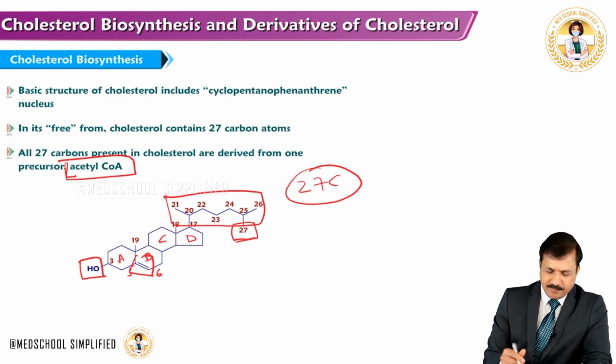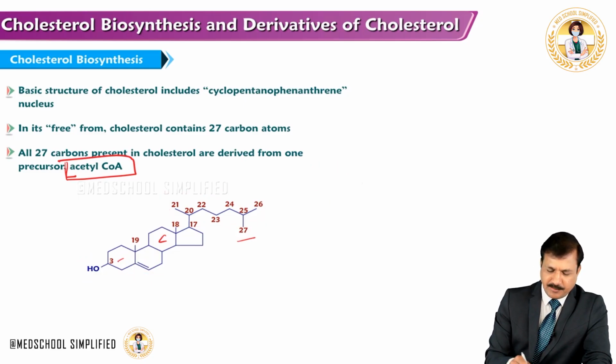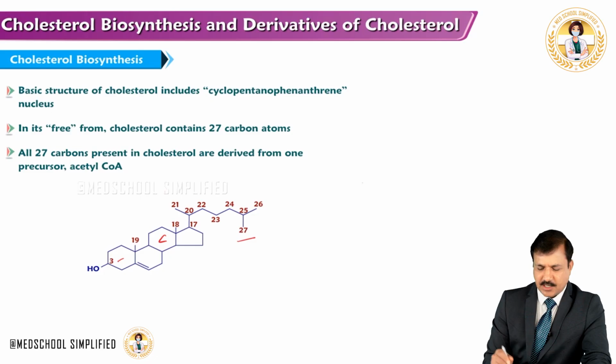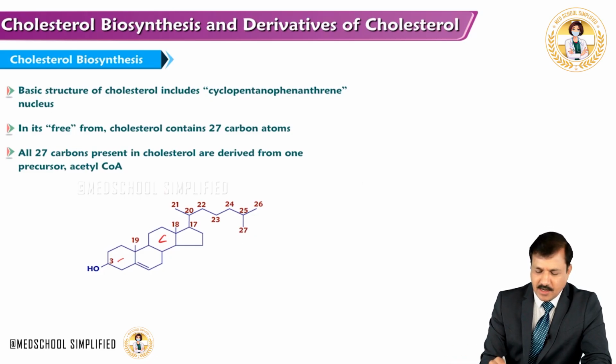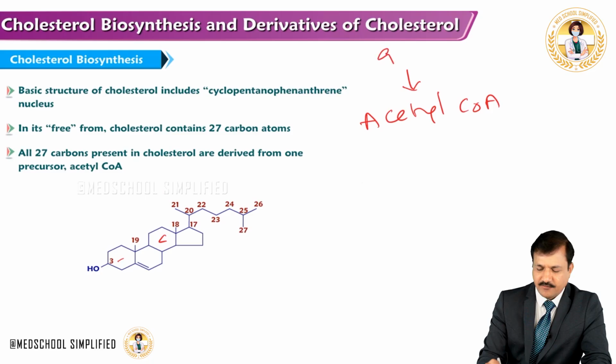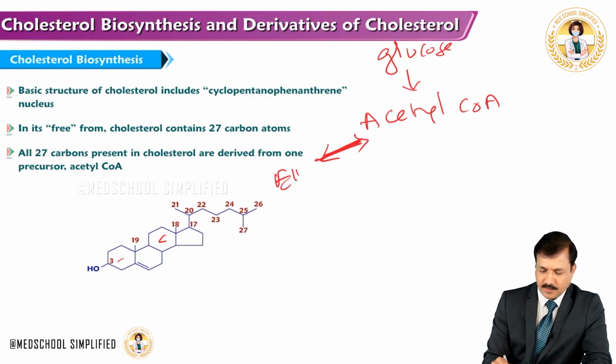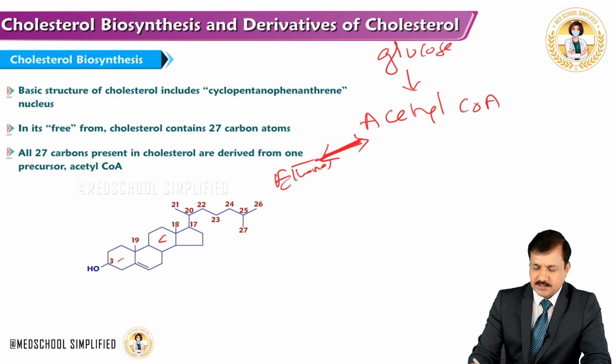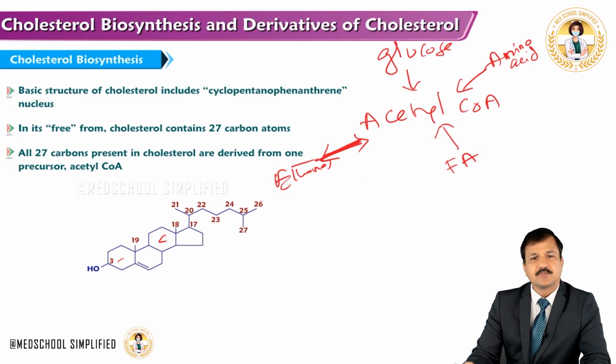And as I said before, acetyl-CoA is the precursor of all carbons that are present in a cholesterol molecule, and you must be aware that we get acetyl-CoA from oxidation of glucose. We get acetyl-CoA from ethanol. We get acetyl-CoA from some of the amino acids, and also from oxidation of fatty acids.